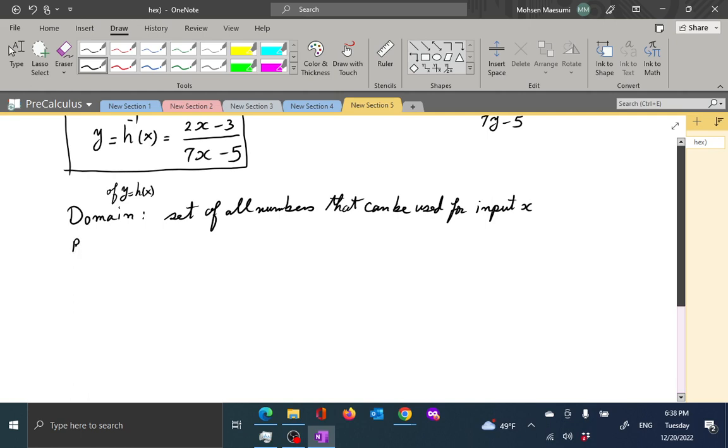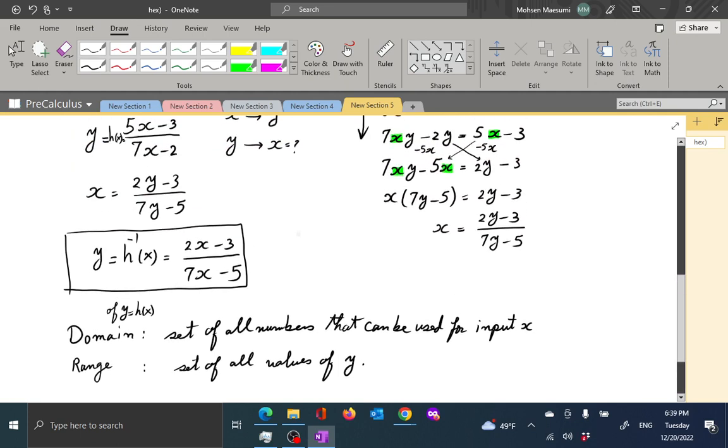What's the range? Again, the range of the same function is the set of all numbers that are produced for the output y, the set of all values of y. Now there's an interesting relationship between the domain and range of the original function and the domain and range of the inverse function.